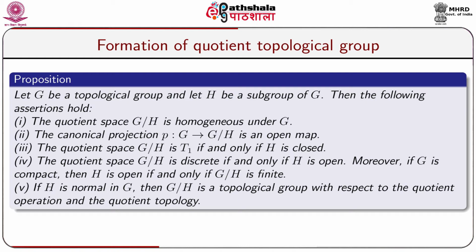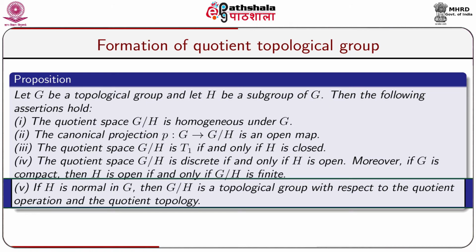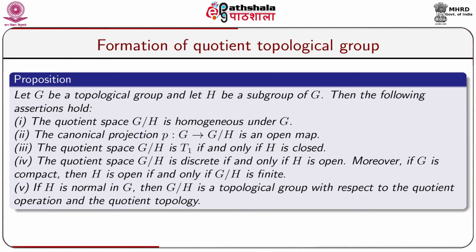Another important property is that if capital H is normal in G, then G by H is a topological group with respect to quotient operation and quotient topology. Here I would like to note a point that whether H is normal or not, the quotient space G by H is defined.